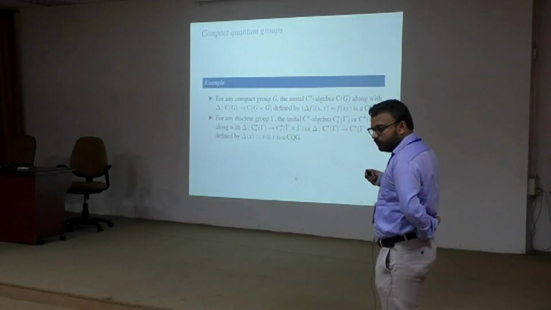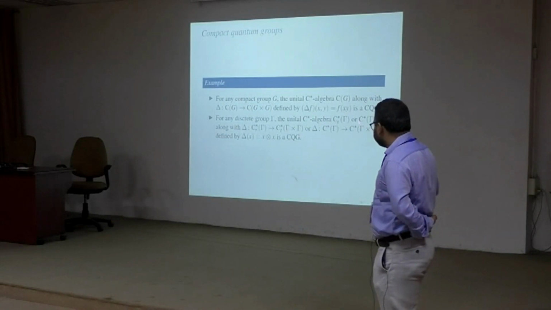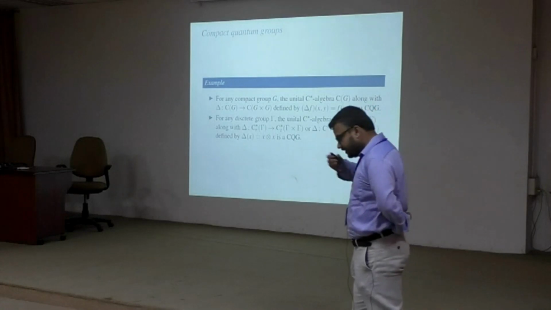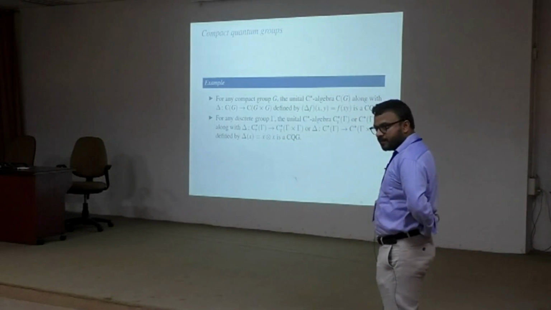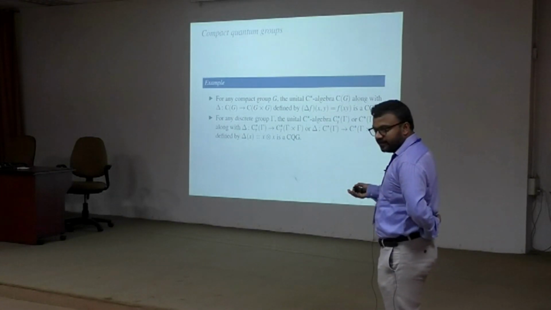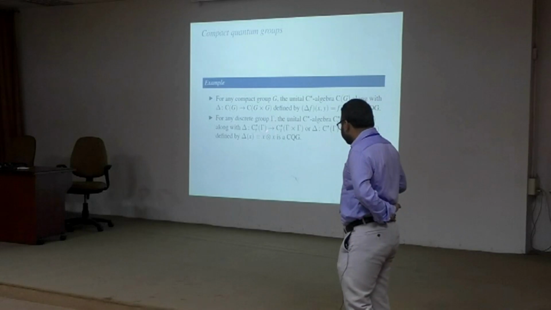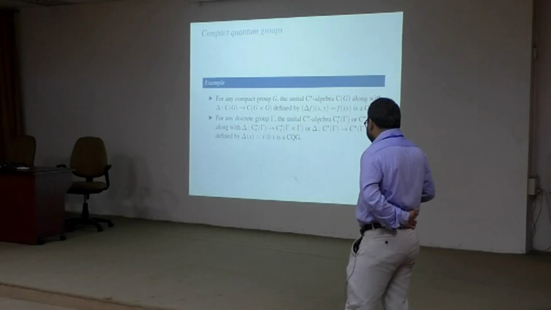This is the reduced version, this is the full version, and one can play the same game for any compact quantum group. In general, these full and reduced versions are not isomorphic, but if the group happens to be amenable, then they are isomorphic.